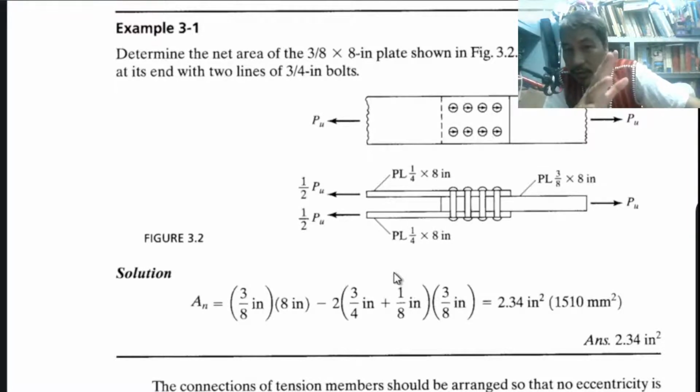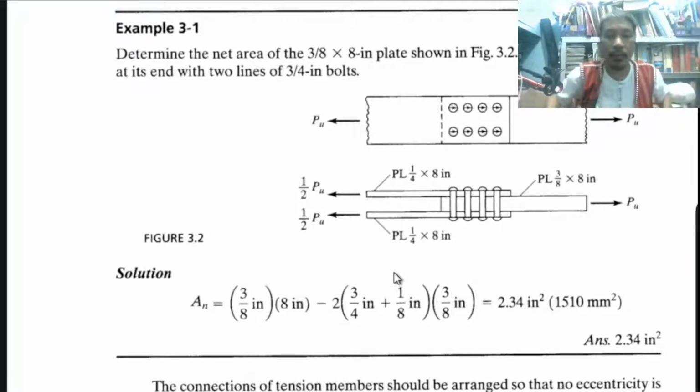Which is right and which is wrong? They are both correct, because it depends on the engineer. 1/16 is possible, 1/8 is possible. That is according to the concept.